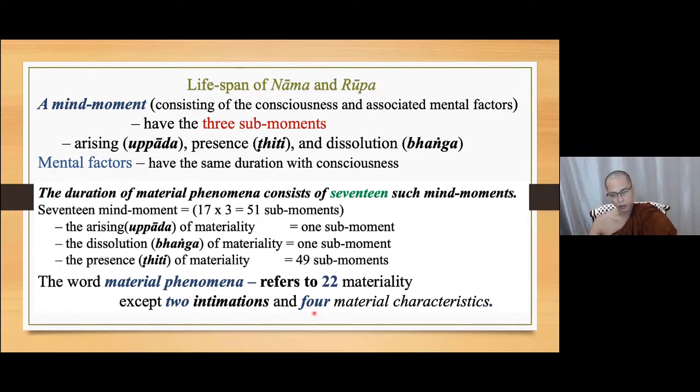The other 4 material characteristics, called the Upada 2, Bangas 1 and Titi 1, have a different lifespan from the 22.